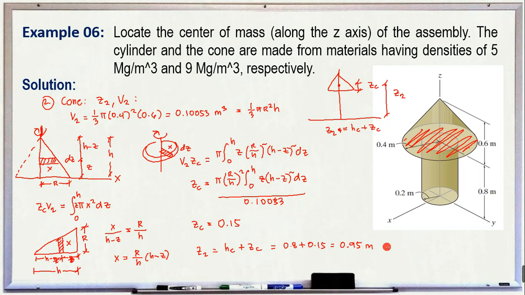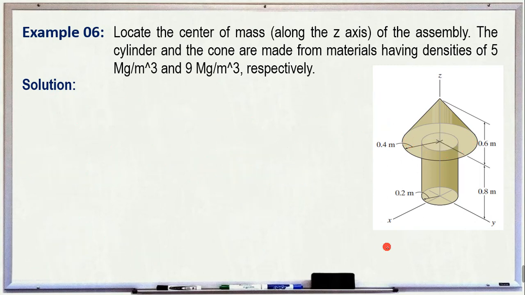Now we already have Z2. We also have V2 and also Z1 and V1. Therefore, we can solve for the center of mass for this object. So we have again ZT equals Z1 density 1 volume 1 plus Z sub 2 density 2 volume 2 divided by volume 1 V1 plus volume 2 V2.